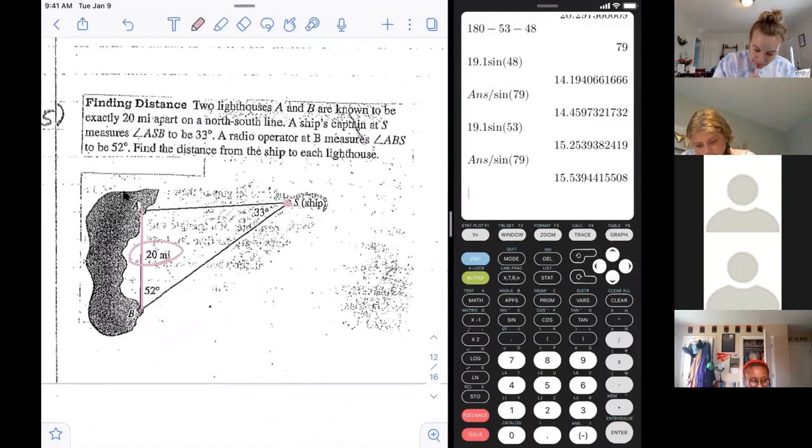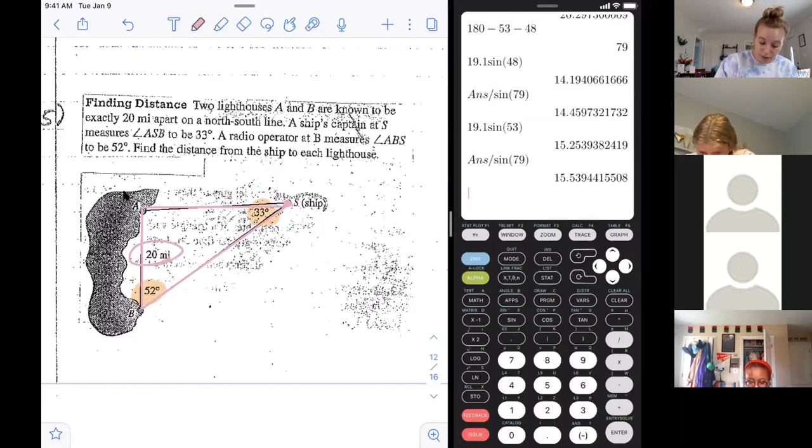And the angle from lighthouse A to the ship to angle B is 33 degrees. And then the angle from lighthouse B to the ship is 52. I even labeled it so you don't even have to digest what that means. And then it says find the distance from the ship to each lighthouse.